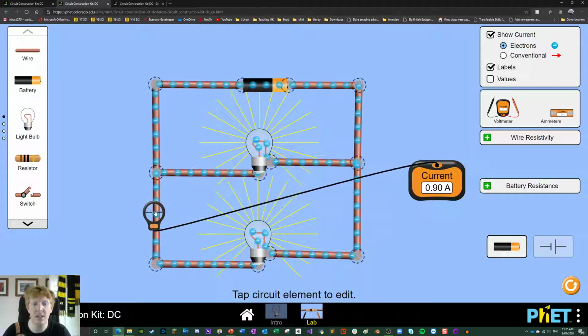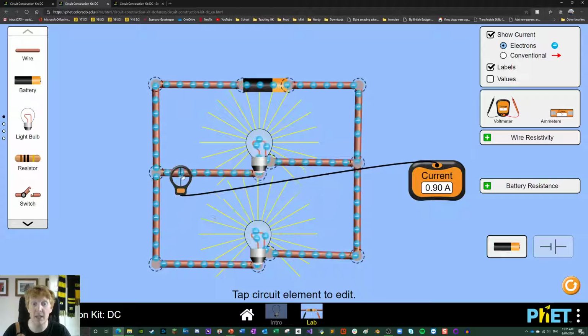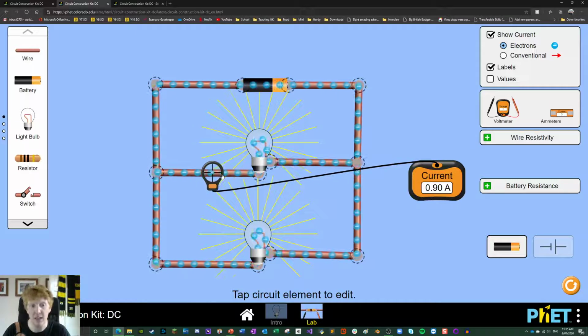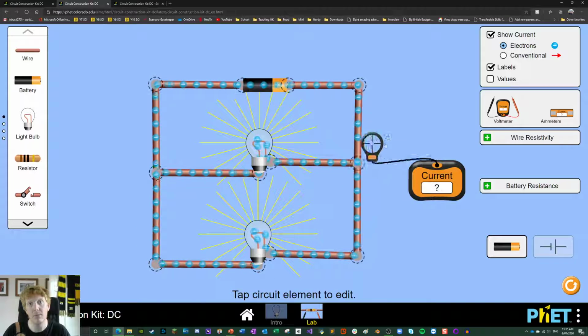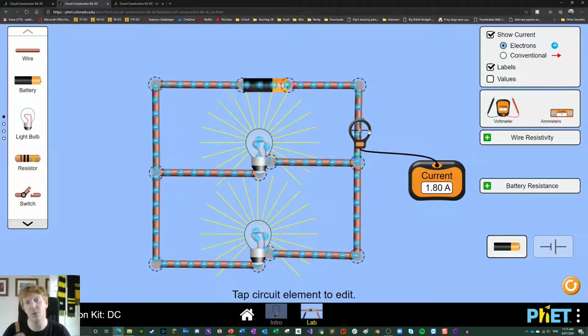So it's slowing down when it moves into this parallel circuit, when current gets split. And in this case, current is being split in half. Half goes down path A, the other half goes down path B. Okay, and if we add those two back together, which is what's happening here, you can see those two currents or two streams are recombining, and the electrons are speeding back up, back to 1.8 amps.